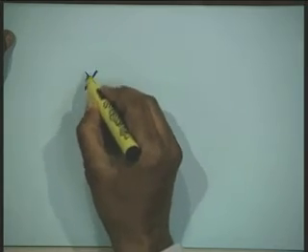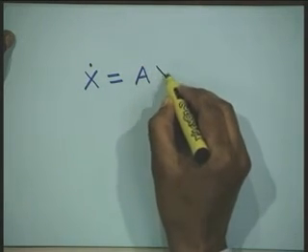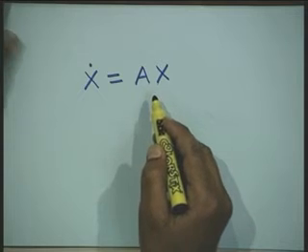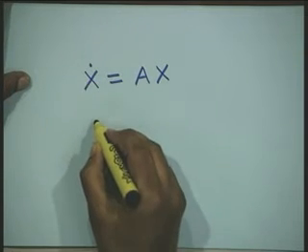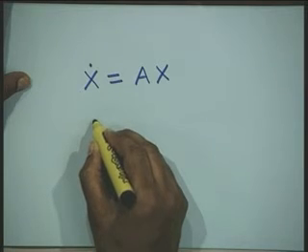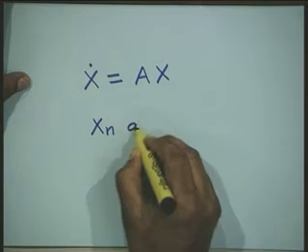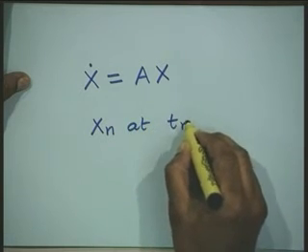Numerical stability of these techniques can be illustrated considering a set of linear differential equations. Let us examine the equations written in the matrix form x dot equal to A x. The value of x is known, say x n is known at time t equal to t n.